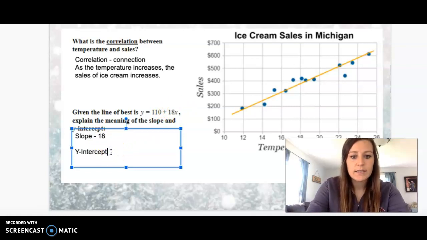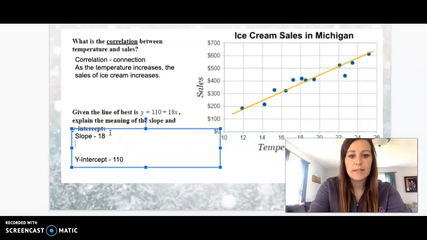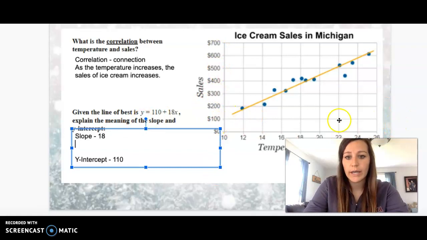And in this equation, 110 would represent my y-intercept. Okay, so using these specific numbers, we want to describe what would be a description of this given this graph. Okay, so slope of 18, we would say 18 rise over run, right?